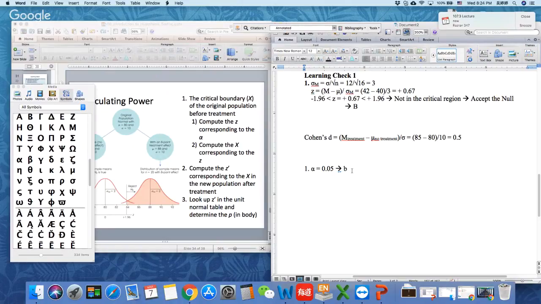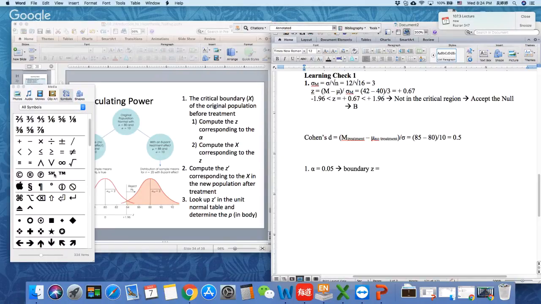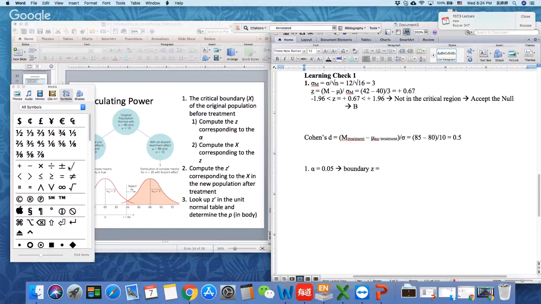So the boundary Z, because it's a two-tailed test, equals 1.96. And then we can compute the score of the boundary.